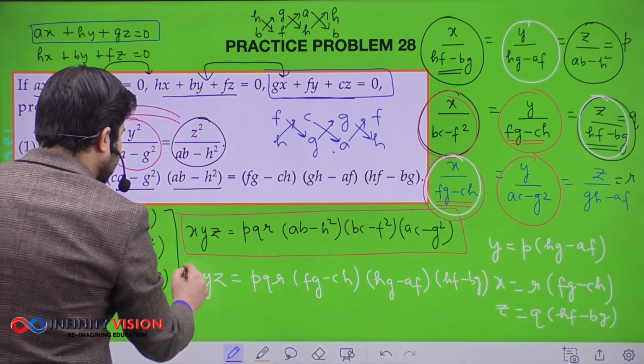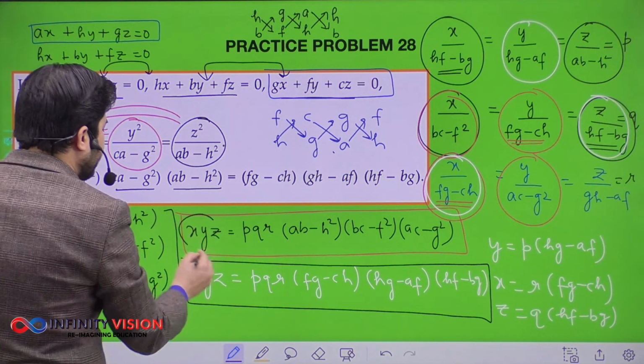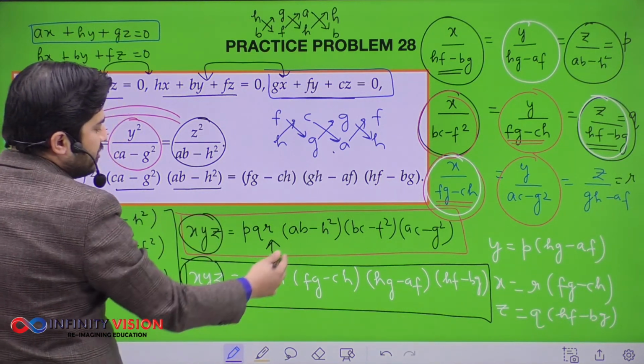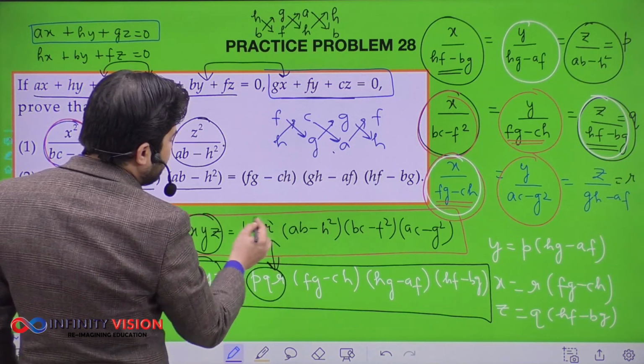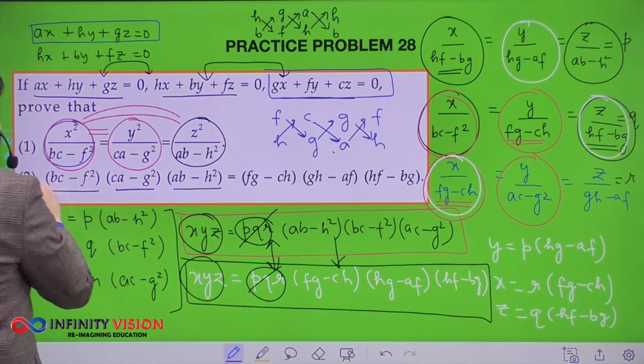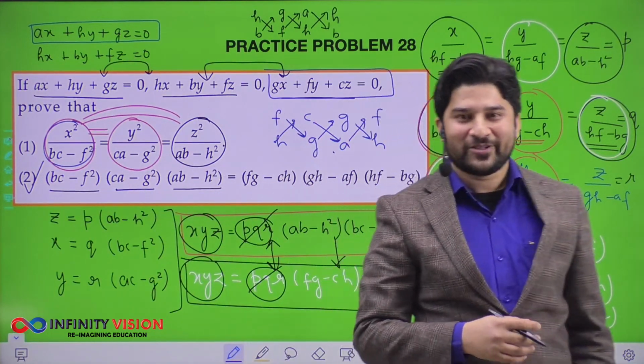You would notice that these two equations have the same left hand side, so you can say these two are equal. And when you say these two are equal, PQR and PQR can be cancelled, and you can say, okay, these two are equal, which is nothing but your statement 2. So this is how we solve problems related to ratio.